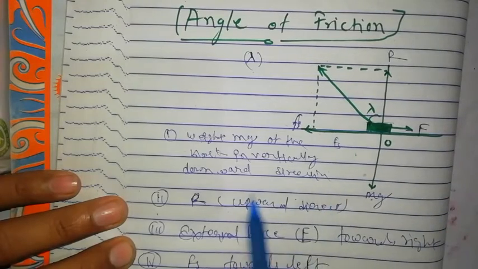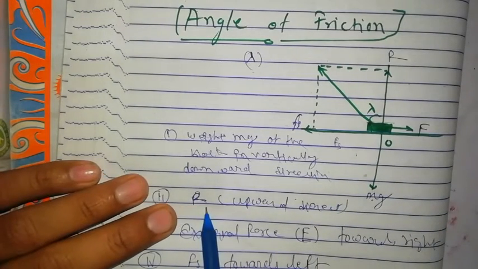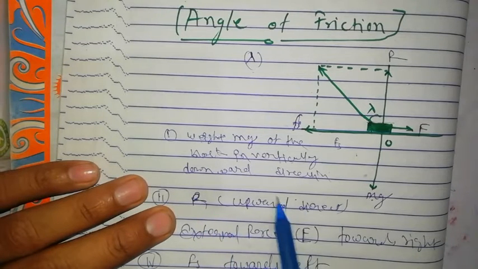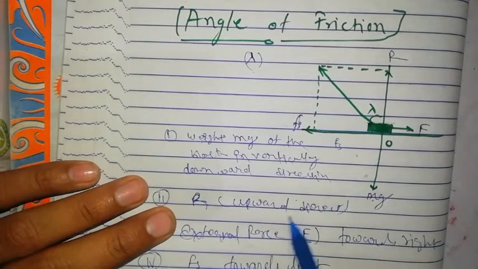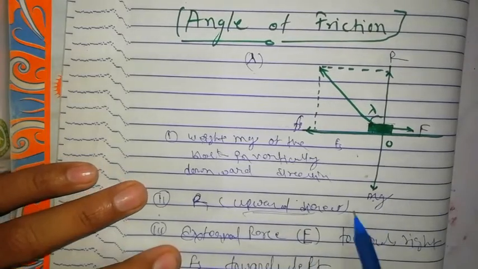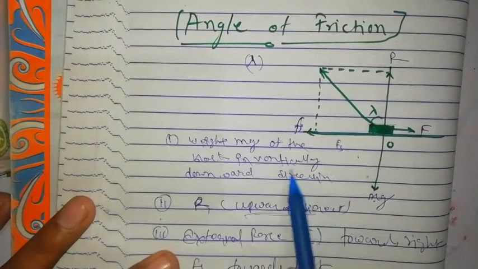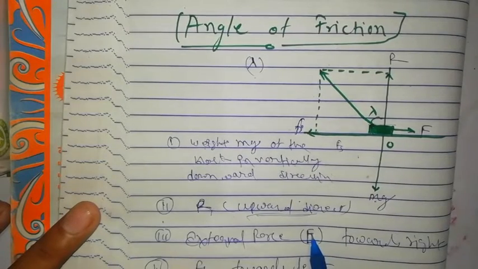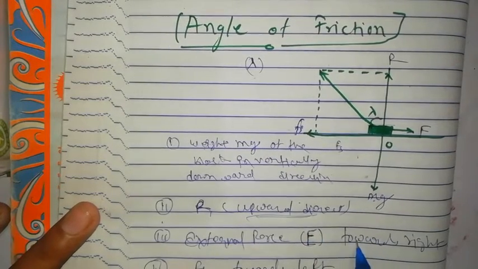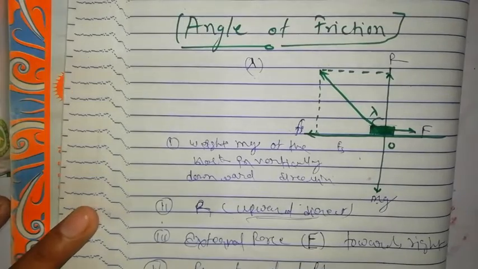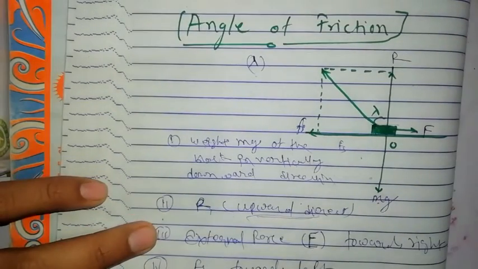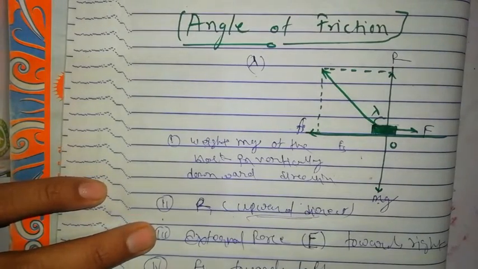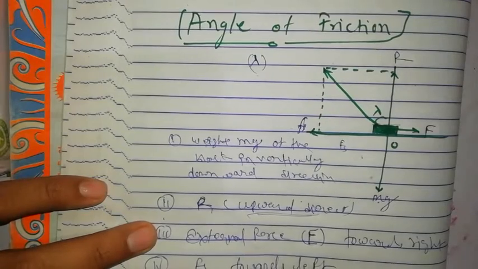Second, normal reaction, vertically upward. And external force capital F towards right. And the force of limiting friction Fs towards left.